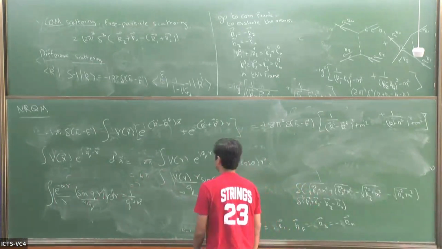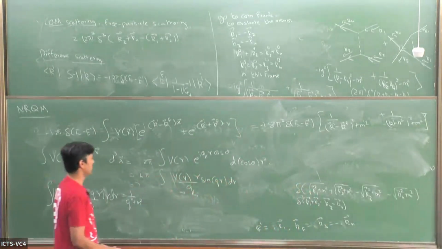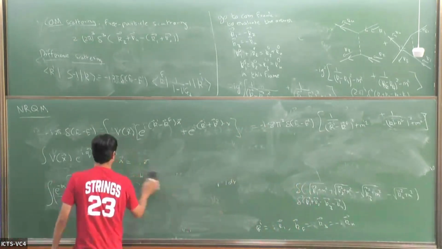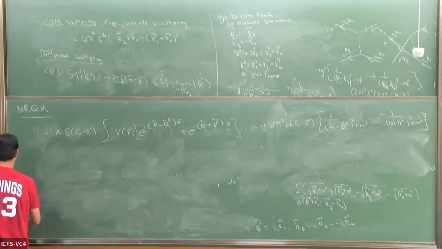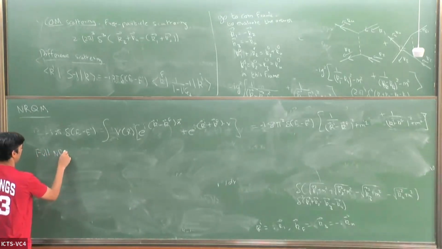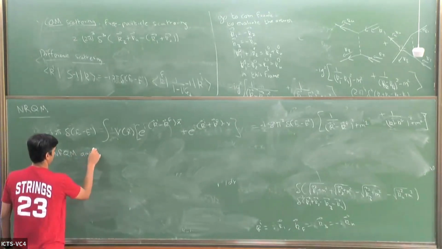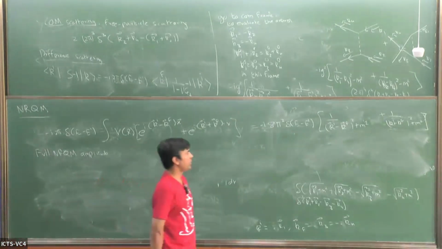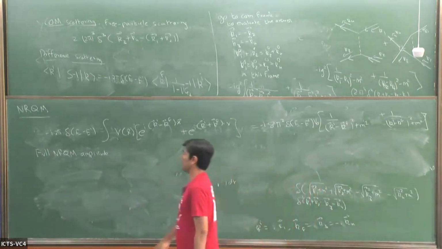Because that tells you that the full non-relativistic answer, the full NRQM amplitude, maybe I should put a V naught here just to make the potential go like V naught into something.